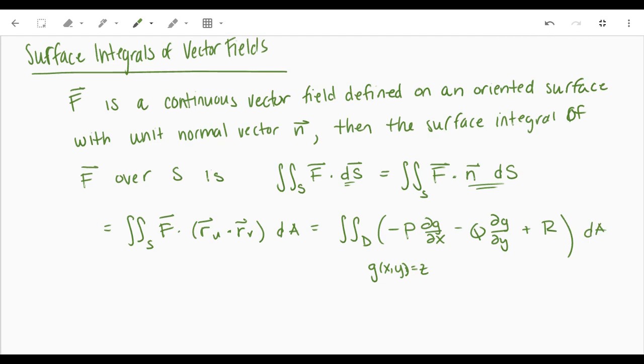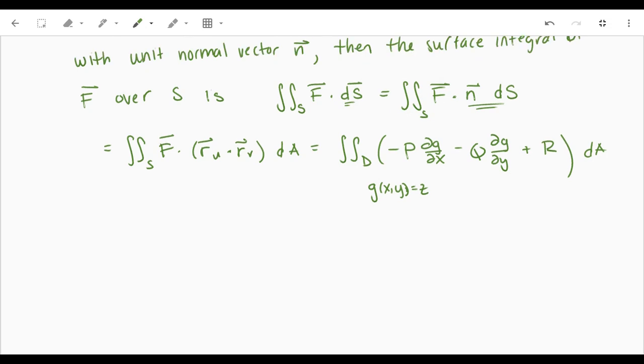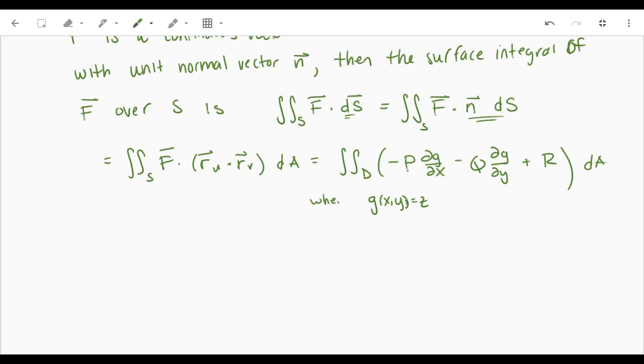Let me define a little bit here. First of all, that's true, and F is Pi plus Qj plus Rk. So it's this dot product here, basically. Oops, I wrote dot instead of cross there, that'd be confusing.